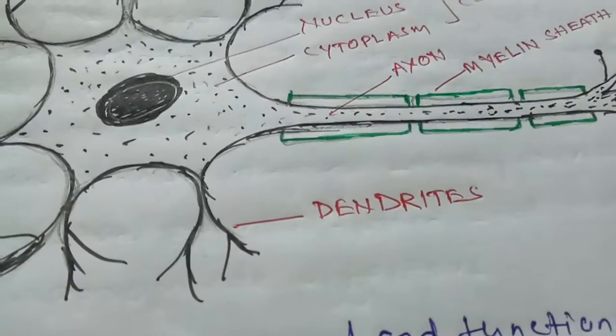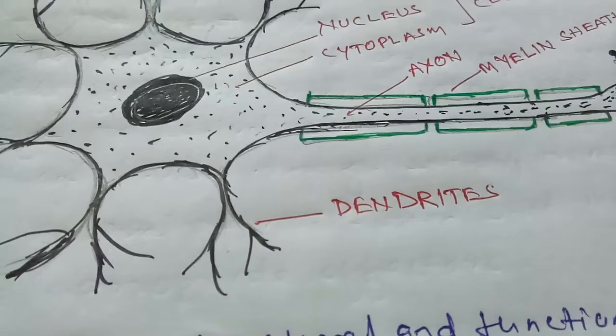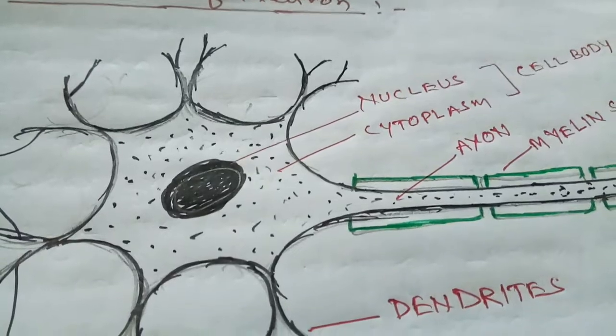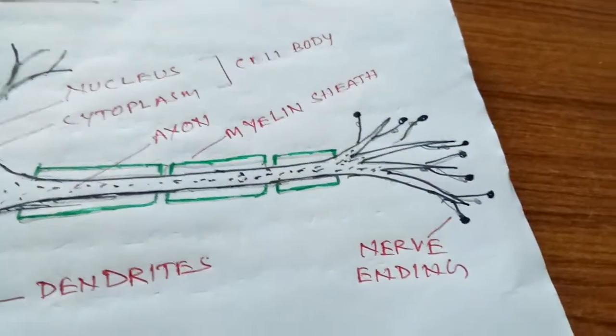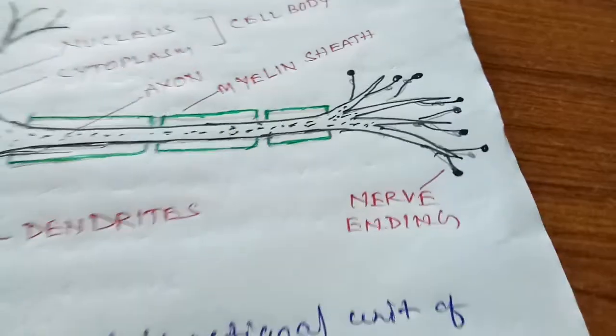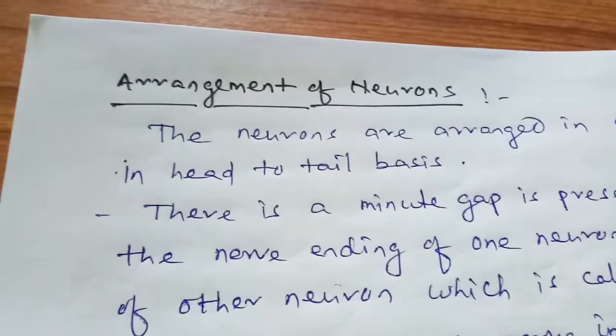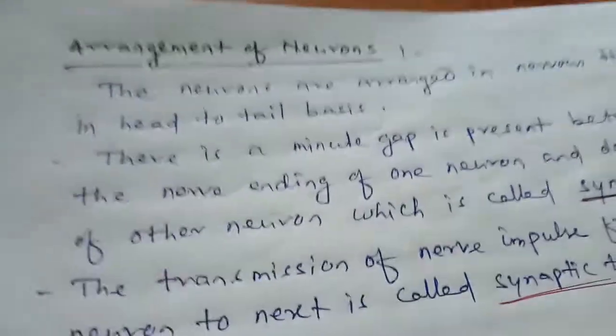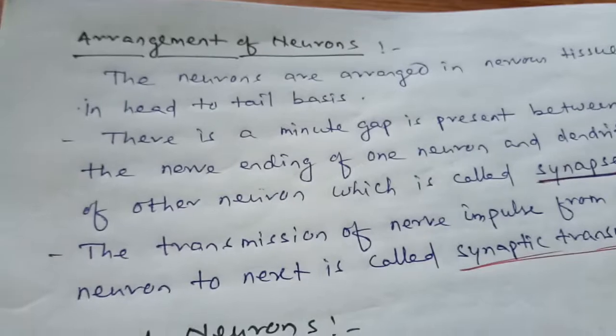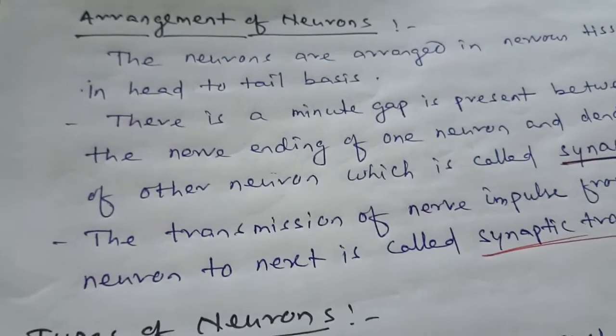Students, here are the dendrites. They will receive the information from the surroundings, pass it to the cell body, through the cell body it will go through the axon, and finally it will reach the nerve ending. Let us look at how the neurons are arranged in the body. The arrangement of neurons: the neurons are arranged in nervous tissue on a head to tail basis.